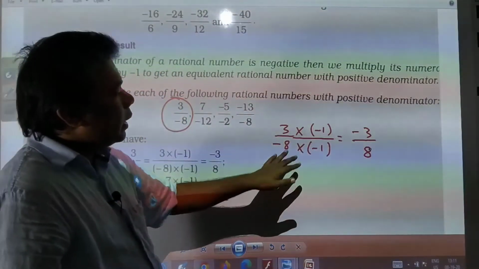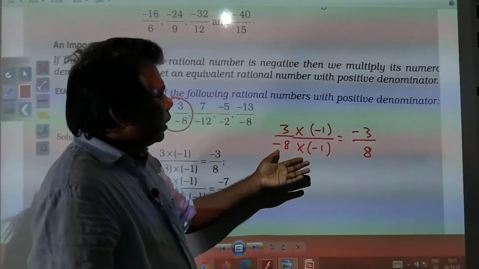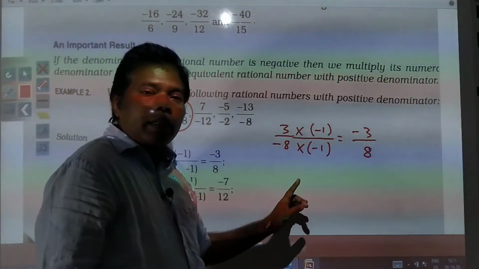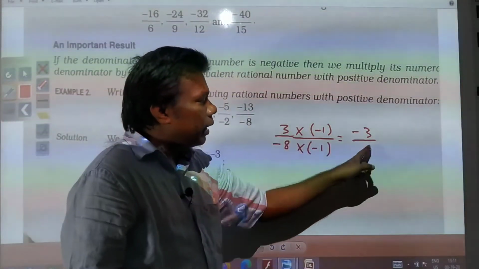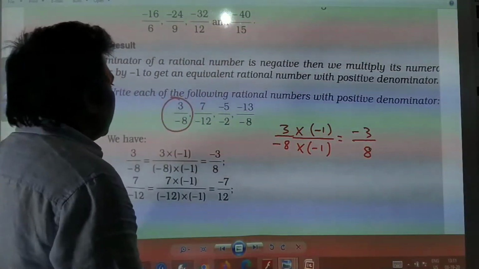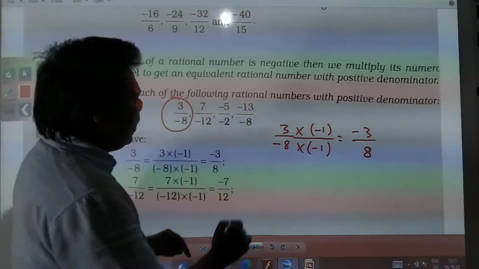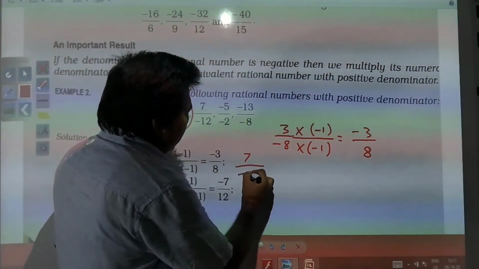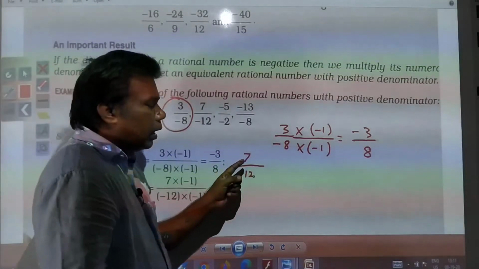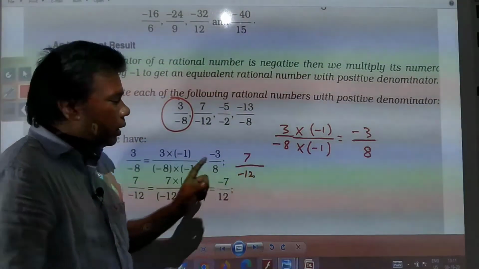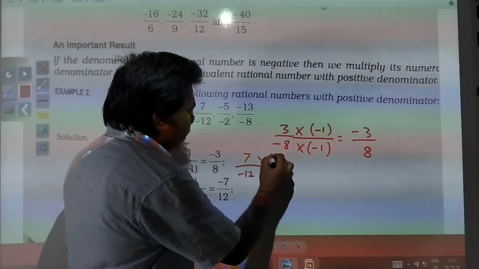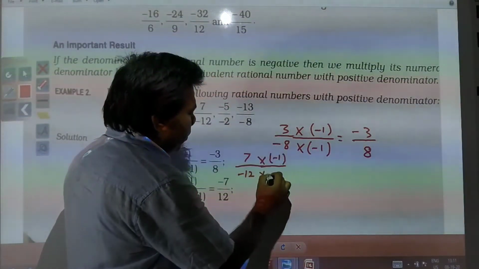So we can get the equivalent rational number of 3 by minus 8 is equal to minus 3 by 8, where the denominator is positive. In the same way 7 by minus 12, the same thing is required to be done. If you want to write the equivalent rational number of 7 by minus 12 where the denominator should be positive, we need to multiply by minus 1.